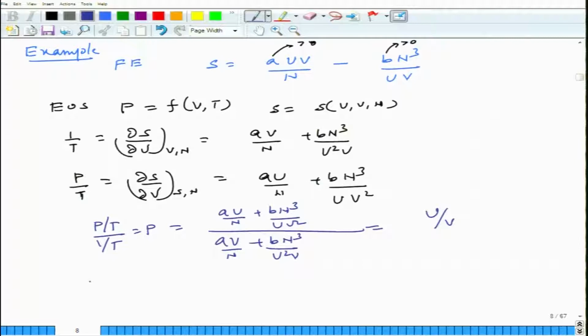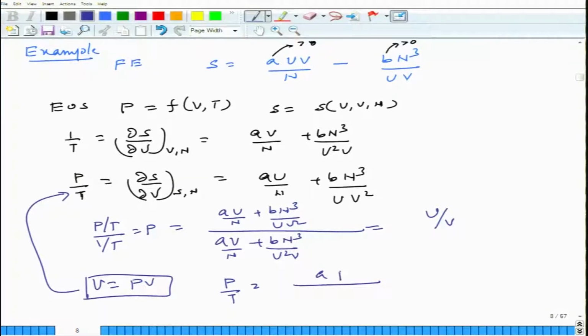So, in other words, U is nothing but P V. You can plug in this information on the right hand side. We get P by T as A P V by N plus B N cubed P V cubed.